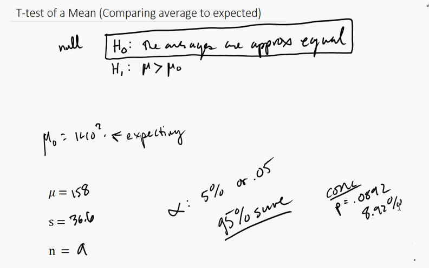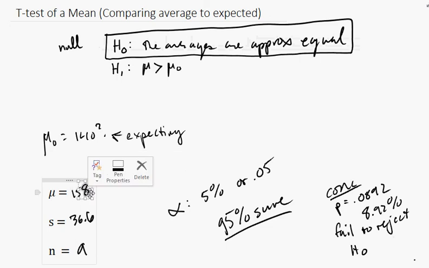If this is smaller than our 5%, then we can conclude that we would reject H0 and there's something weird going on. But because this is larger than 5%, we would say that we fail to reject H0, which means basically we have to accept this hypothesis as true.